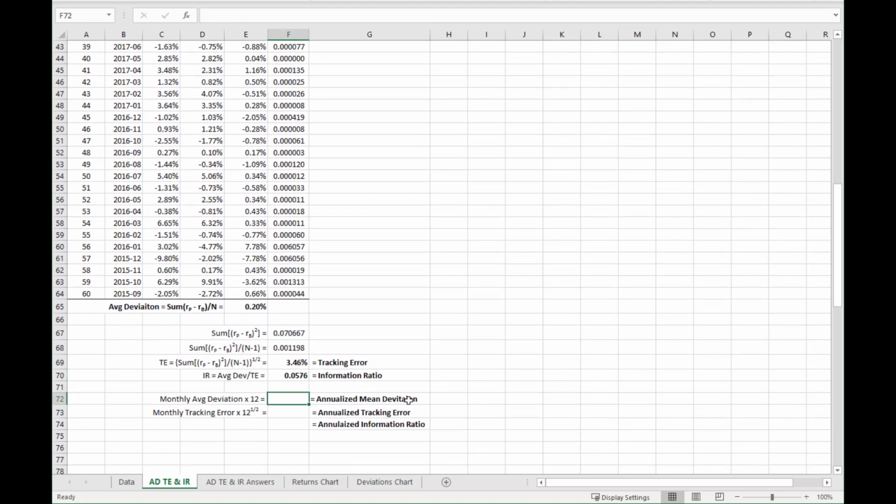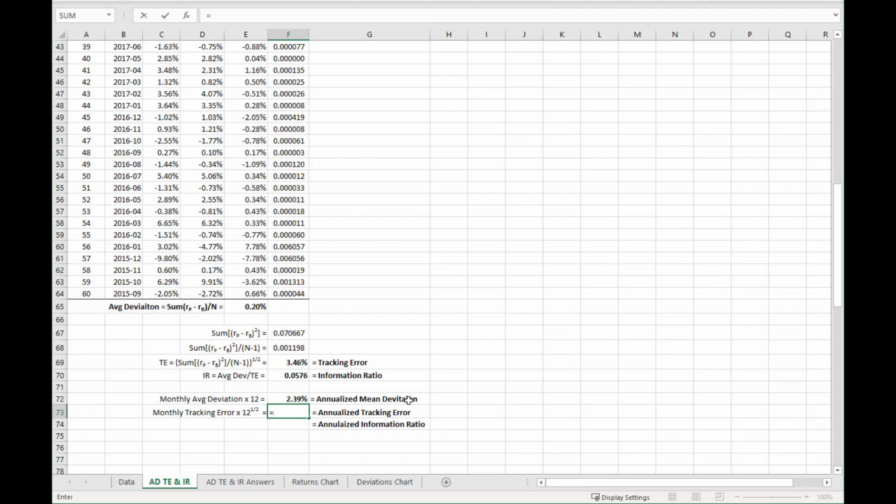Now, it's very common to annualize this. And so what I'm going to do is take this monthly average deviation and multiply it by 12. And I'm going to take the monthly tracking error, and this is a little confusing, just like a standard deviation. I can't multiply it by 12, but I can multiply the variance by 12. I can multiply the square of this by 12.